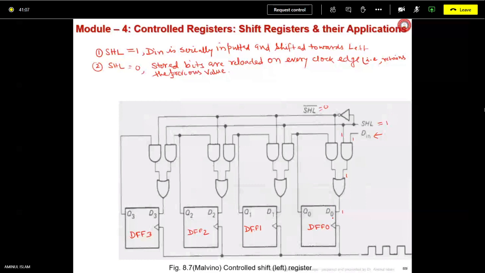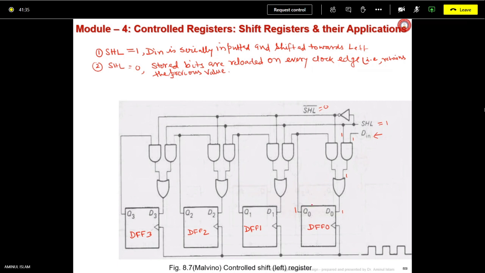Once the clock arrives, see, the clock is applied to every flip-flop, flip-flop 0 to flip-flop 3. So this clock is arriving, and the D input is having 1, so it will be 1. We write here: this is the output after 1 clock pulse is applied.